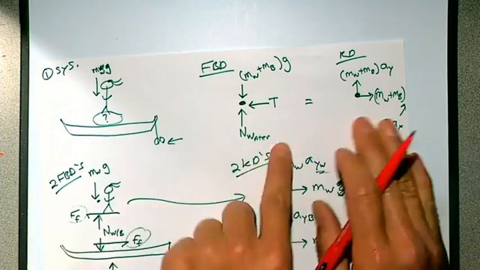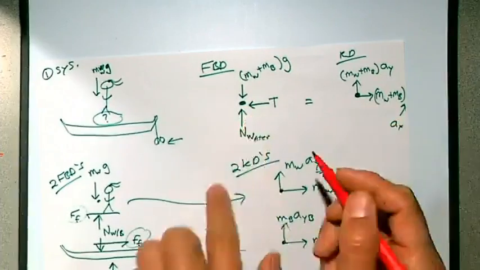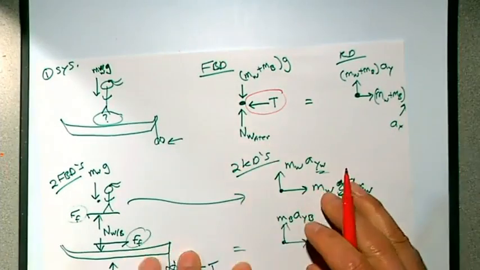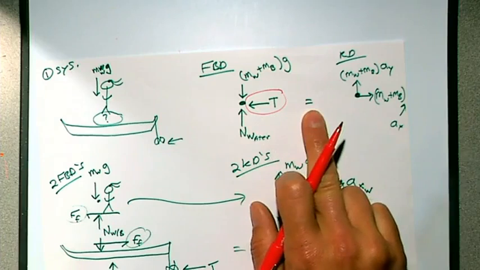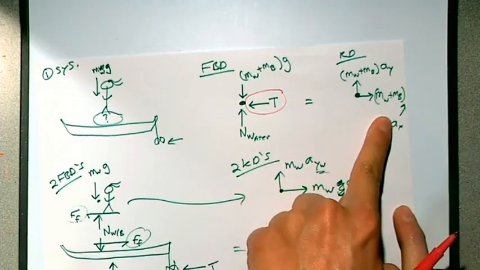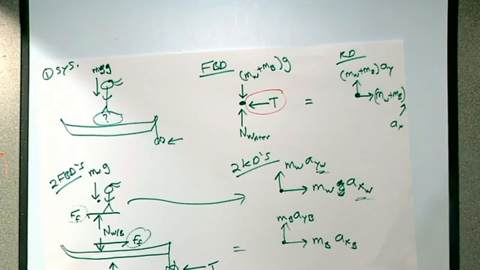So I could have looked at what I have here. The only thing acting in the x direction is a minus T, equal to, oh, this looks different. It's equal to the mass of the woman plus the mass of the boat times acceleration in the x direction.